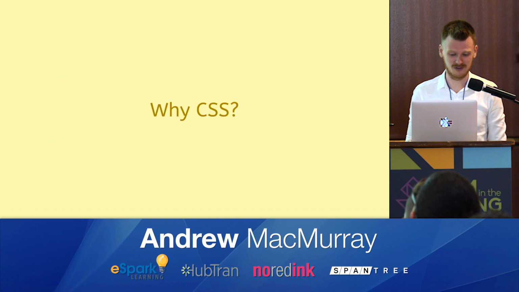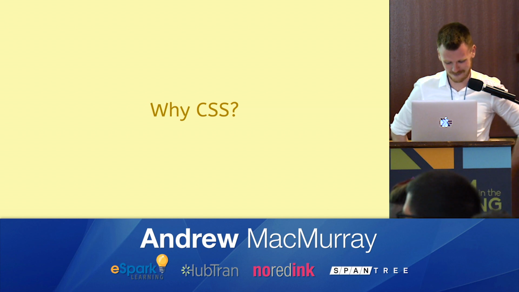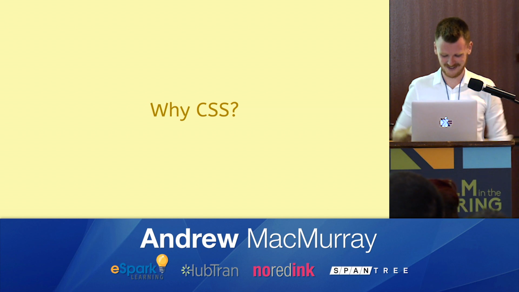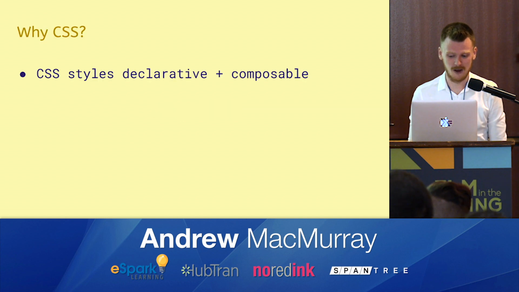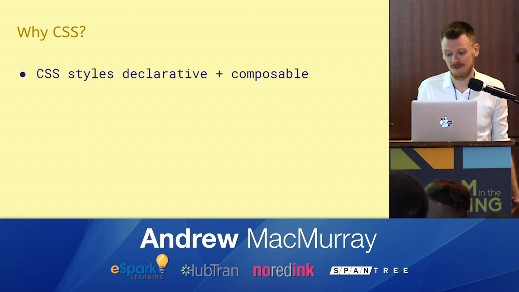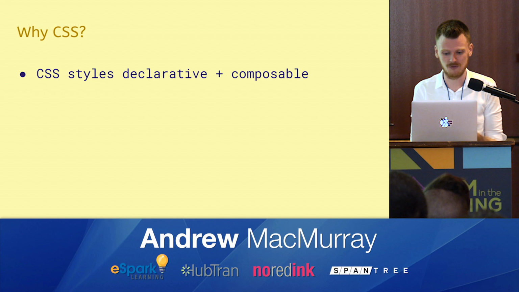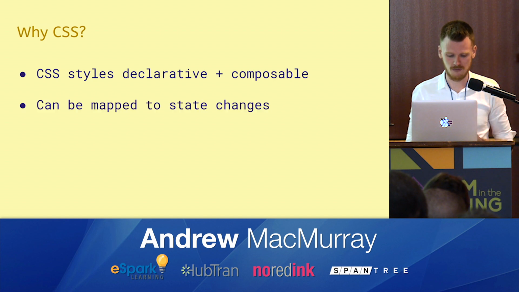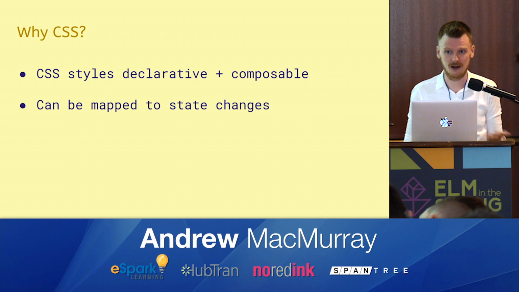So I'm thinking, why CSS? That thing that we use for layout that's really tricky. Why did I arrive at CSS in the end? Well, interestingly, CSS styles themselves are declarative and composable. You can combine styles together to give you a composed effect. They can be mapped really easily to state changes because of their declarative nature.